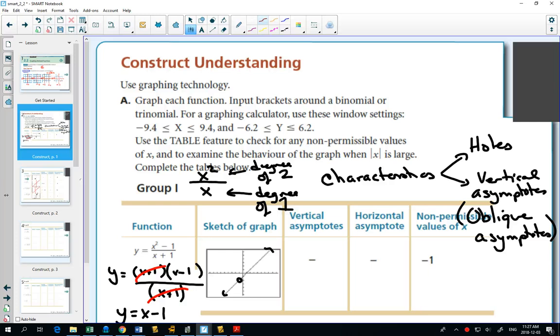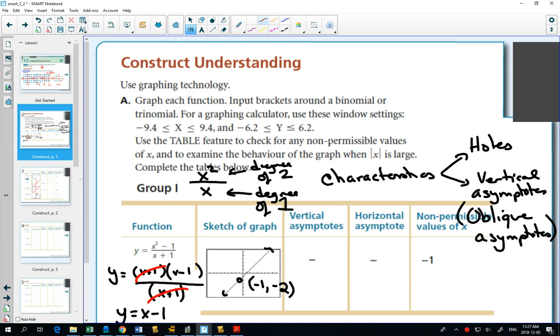So we have a hole in this graph at minus 1 comma something. Can someone tell me what the y coordinate of that hole is? It's on that line. What happens when you plug in -1 into the new equation? You get -2.